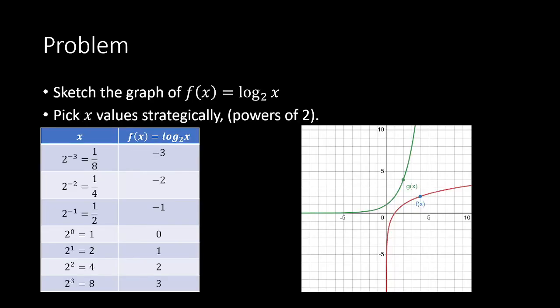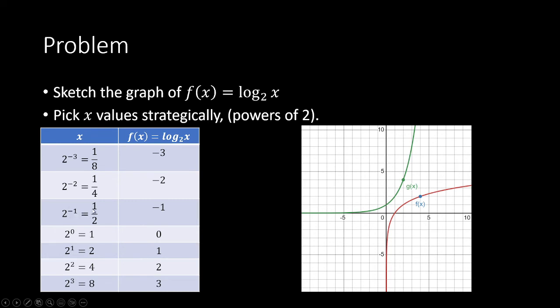So the question is, how do you sketch this graph? One easy way: since you have the base 2 over here, choose powers of 2. So you start with x is negative 3, and 2 to the negative 3 gives you 1 eighth. Negative 2, you get 1 fourth.